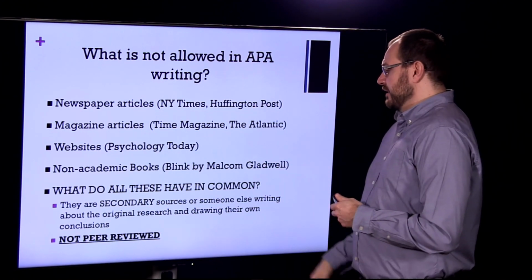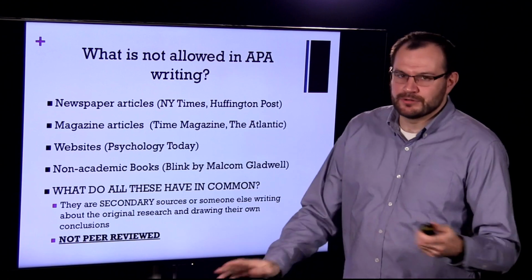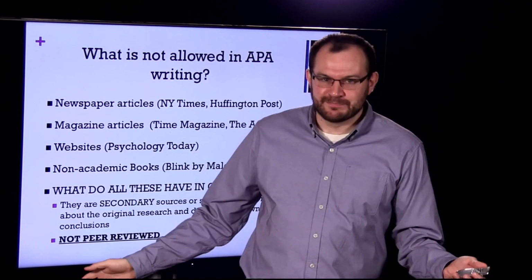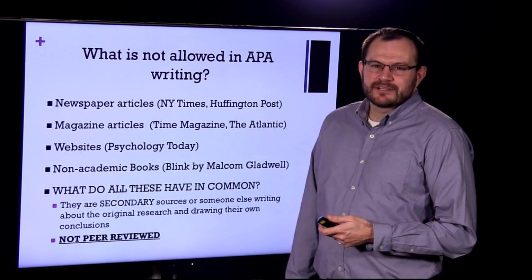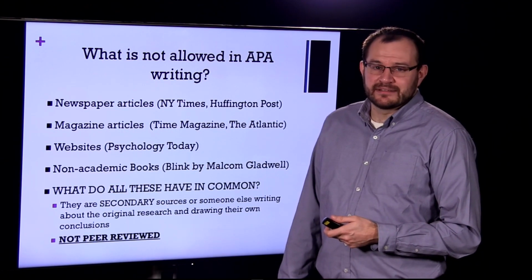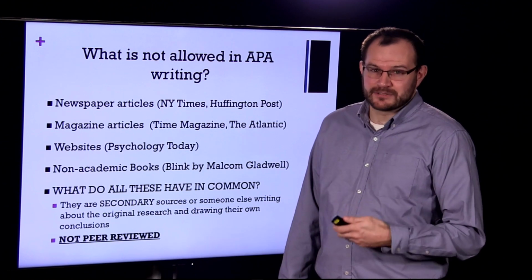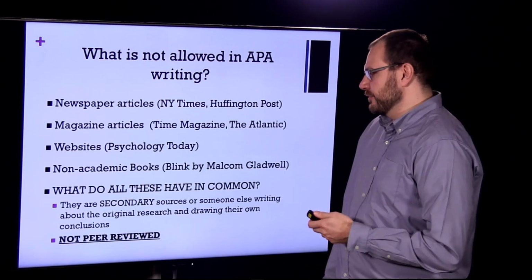Non-academic books. Although I love Malcolm Gladwell, really cool author, I've read all of his books, really interesting stuff, it's not something you should be citing in research or in a professional literature review, which is what we're going for here.